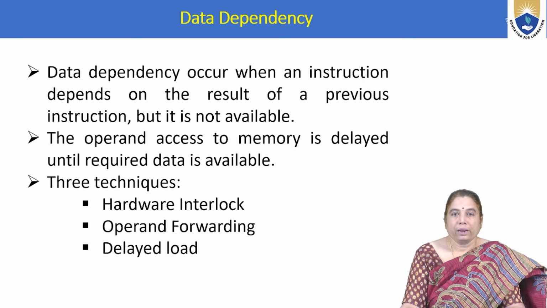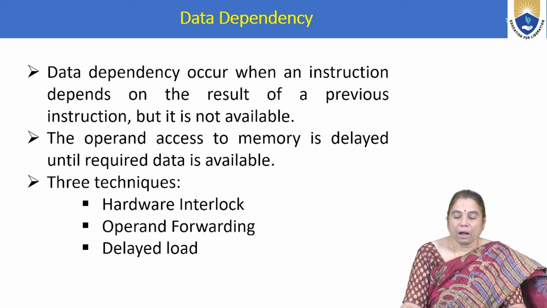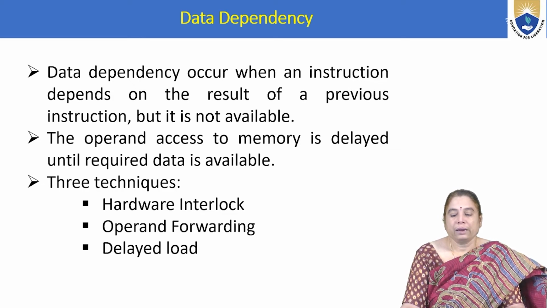What does hardware interlock mean? A special lock mechanism with the help of hardware can be provided so that the data items required for execution of an instruction can be locked. Operand forwarding means the data dependency identification hardware circuitry can identify the data dependency conflicts, and the required operand is forwarded for smooth execution of the instruction.